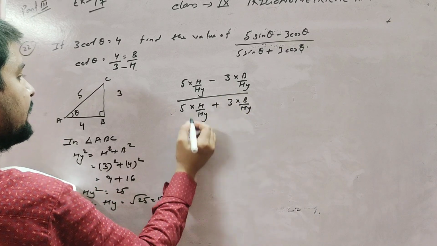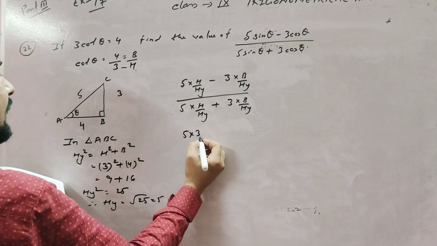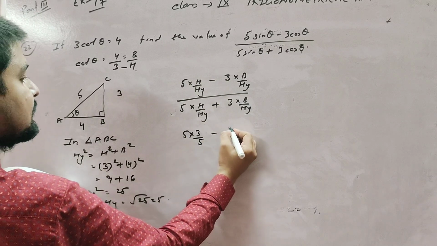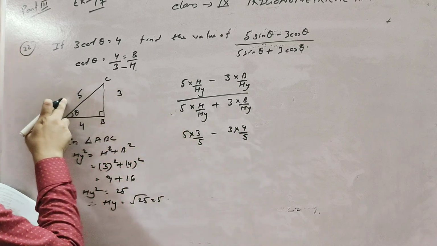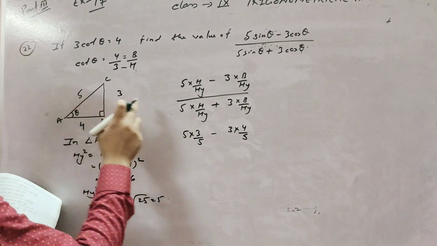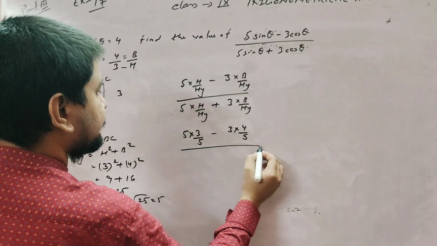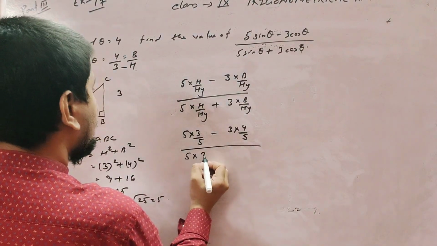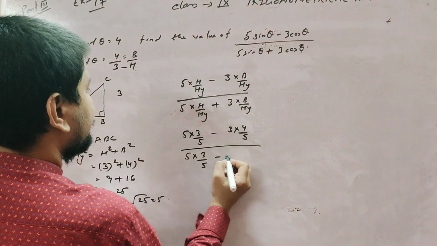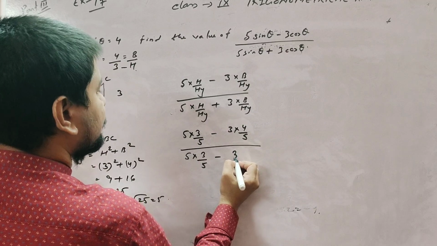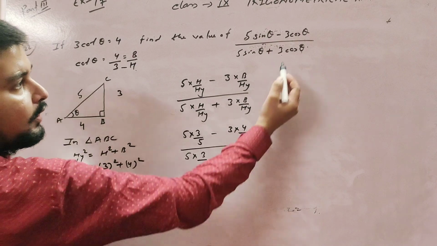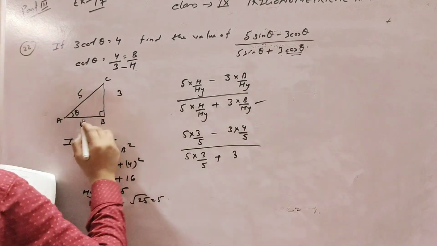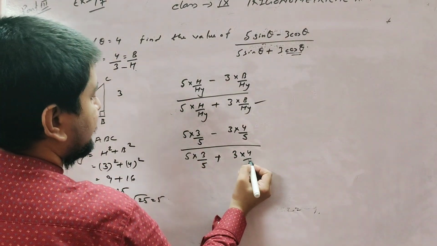So 5 into height 3 and hypotenuse 5, minus 3, base is 4, hypotenuse is 5. Again 5, height is 3, hypotenuse is 5, plus 3 cos theta, base by hypotenuse, base is 4, hypotenuse is 5.